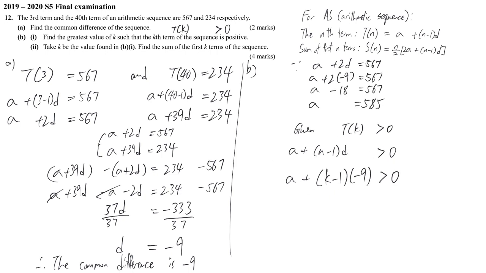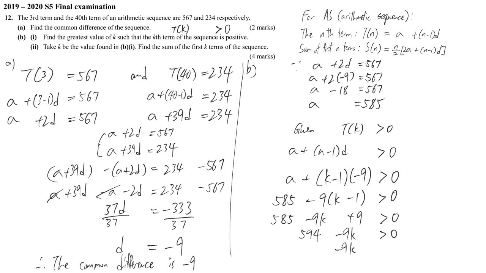After we get A equal to 585, then this inequality only involves k as the only unknown. Then we can solve this inequality. 585 minus 9 times k plus 9 is larger than 0. Subtract both sides by 9, 594.